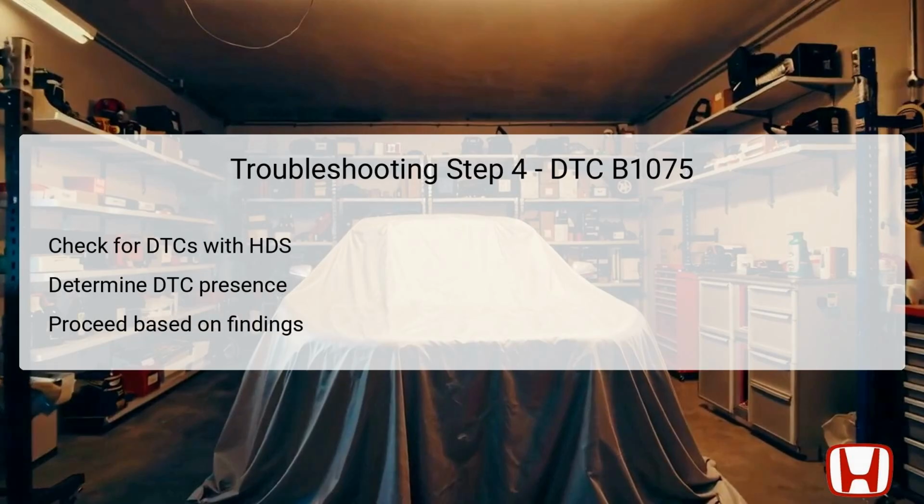In this step, the diagnostic systems should be used to check for any current DTCs with the HDS. The outcome of this check is crucial, as it will determine the next troubleshooting actions. If DTC B1075 is indicated, this means the malfunction remains and that further examination is warranted.